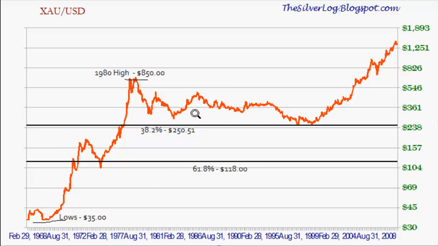numbers. Anyway, nonetheless, the 38.2% Fibonacci on an exponential level from the 35 lows and the 850 highs was 250, which was tested on two different occasions. The 61.8 level of 118 was never ever tested.